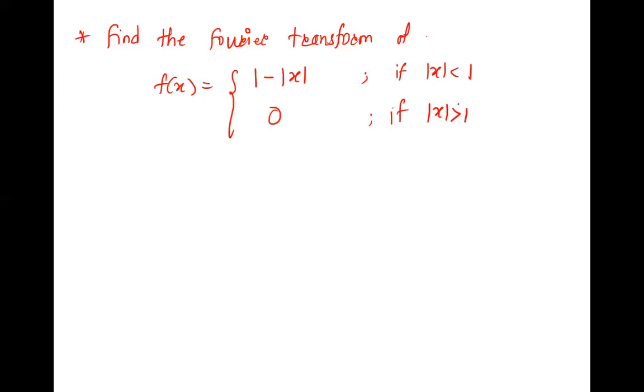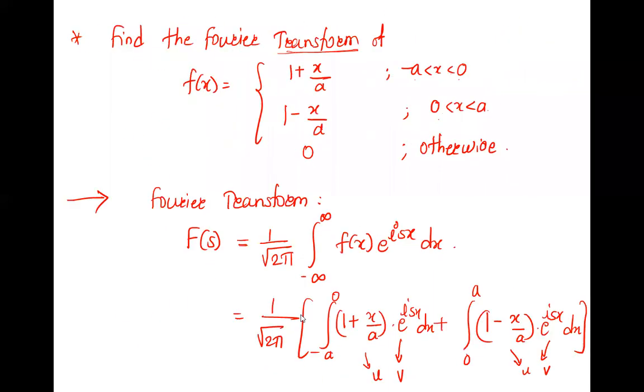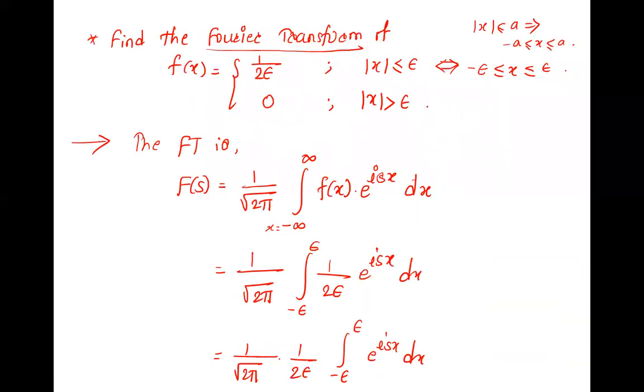We cannot write anything for mod x greater than 1, but mod x less than 1 can be written as what? Minus 1 less than x less than 1. Right. This is the definition. I told you in the first question itself. Let me just show you.